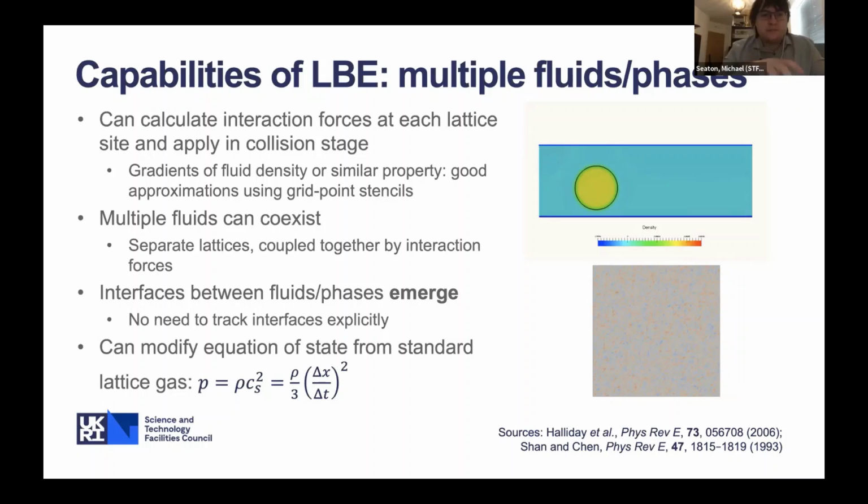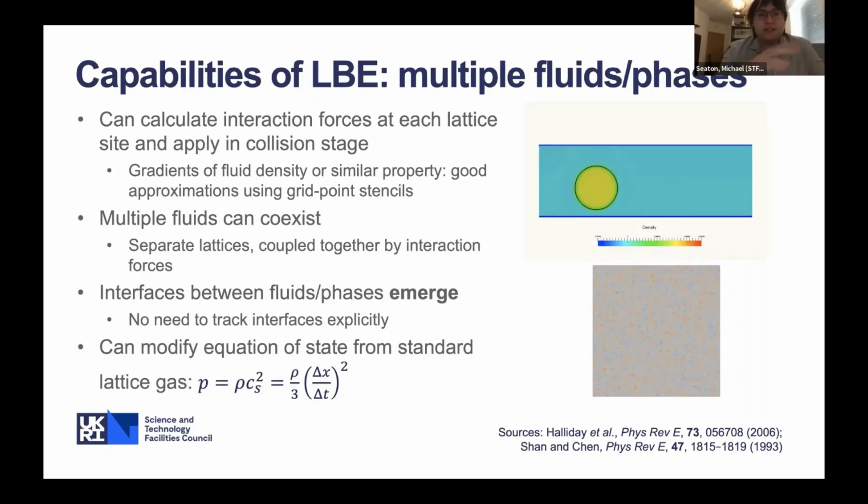Those forces are generally dependent on gradients of fluid density or some other similar property, and we can get very good approximations of those gradients using grid point stencils. And as I said, it's possible for multiple fluids and even multiple phases to coexist.